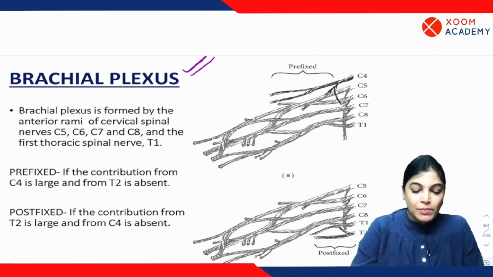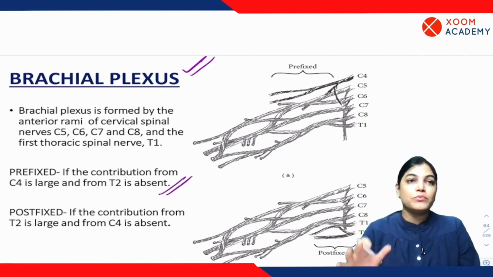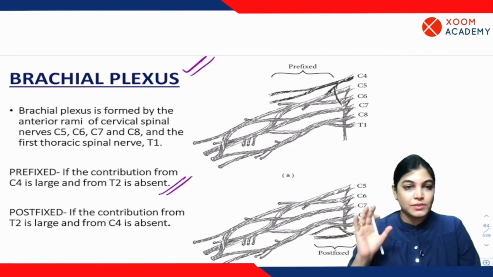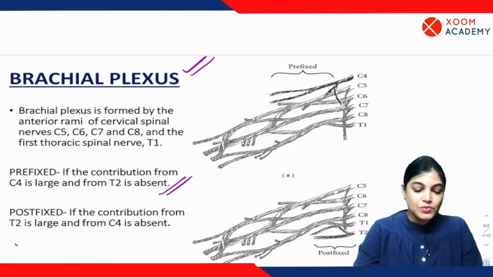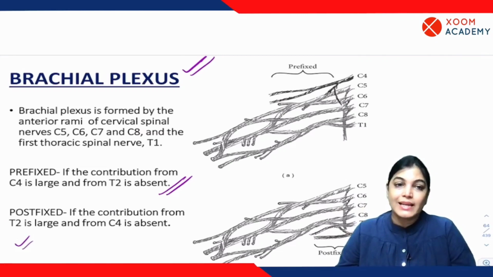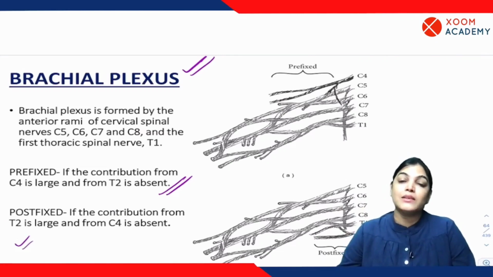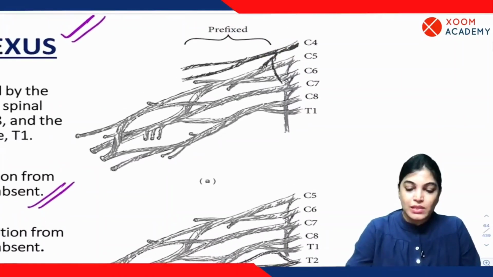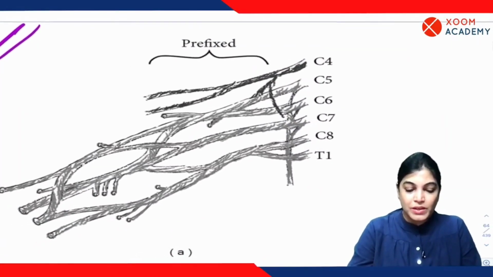If the brachial plexus is formed taking contribution from the C4 component, that is cervical nerve root C4, then it is called prefixed. If the brachial plexus is formed taking contribution also from the second thoracic, that is T2, it is called the postfixed brachial plexus. Let me enlarge this image and show you this diagram. All of you just focus on the prefixed one.